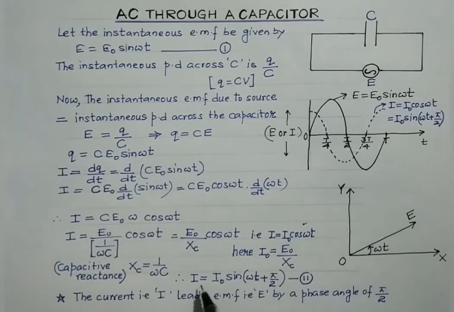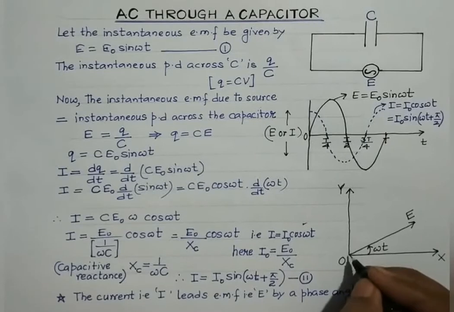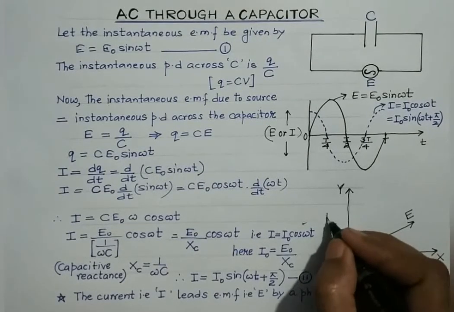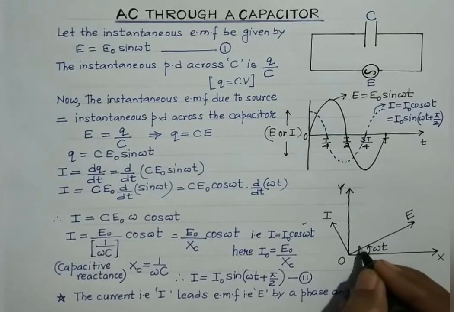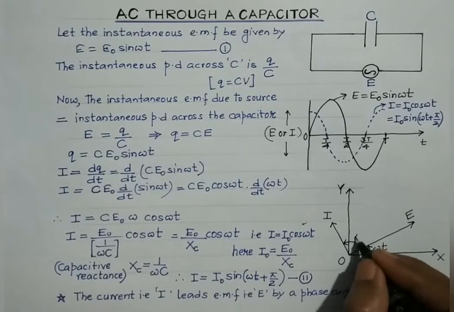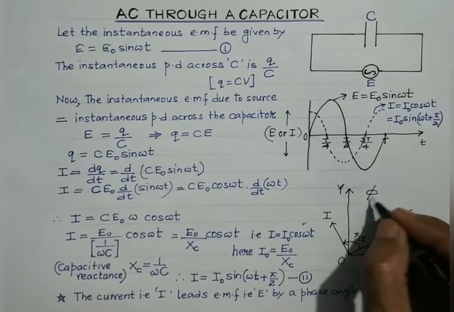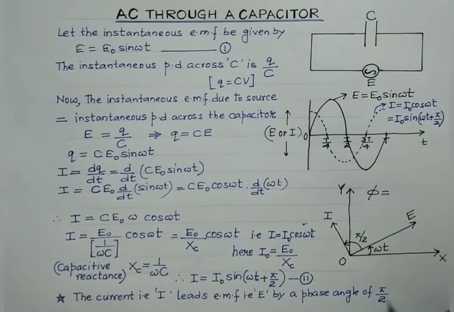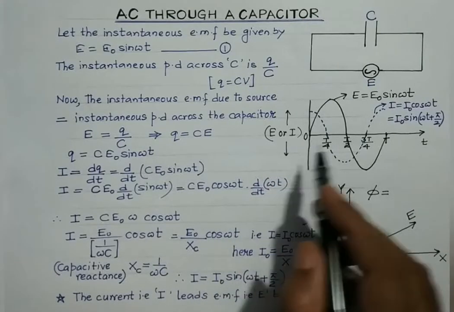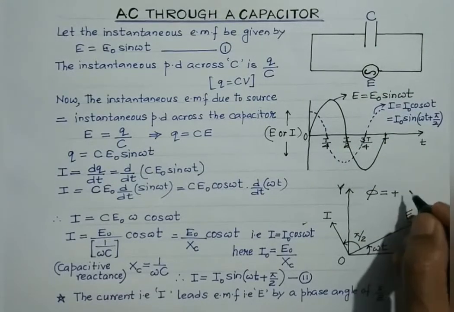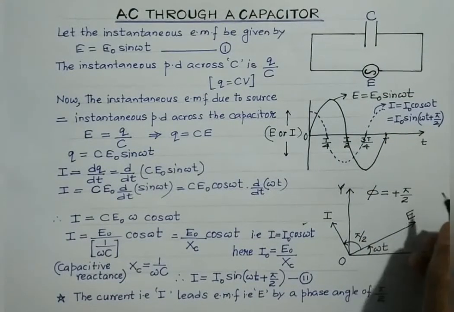Now look, over here the current is leading the EMF by phase angle of pi by 2, so it will be in the anti-clockwise direction. So this is the instantaneous current. So it should be in the anti-clockwise direction like this. This is pi by 2. So here students, the phase angle between the alternating EMF and the current in case of an AC circuit comprising of a capacitor is plus pi by 2.